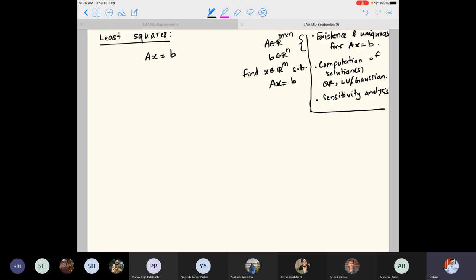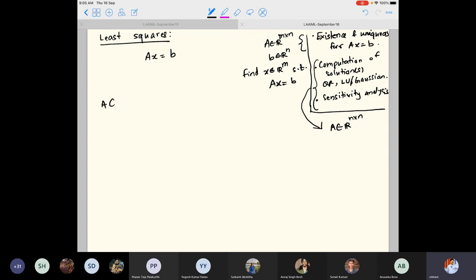That is what we have seen for existence and uniqueness, and mainly for the computations and sensitivity analysis, the systems that we considered were square systems. Gaussian elimination, QR decomposition everywhere, we assumed that the system is a square system. So now we move away from this assumption and ask this question.